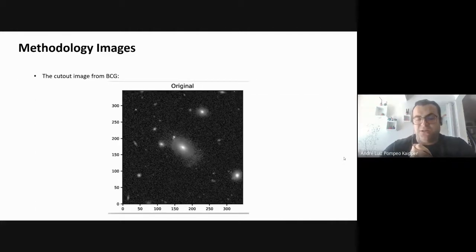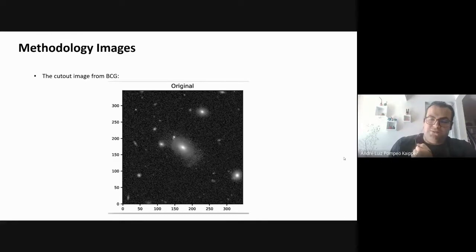So after the cutout, we get this image. It's about 500 pixels. There is no image greater than 500 pixels, I think that's the median value.